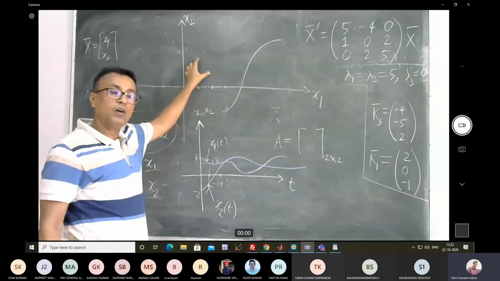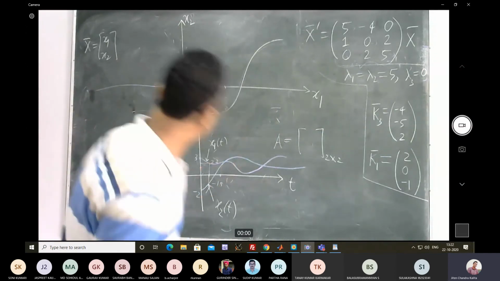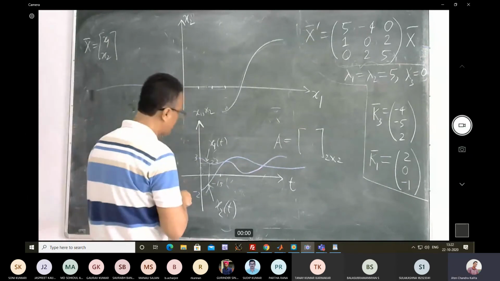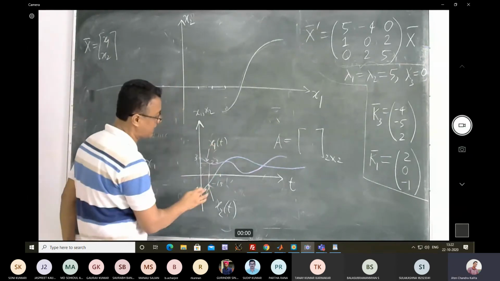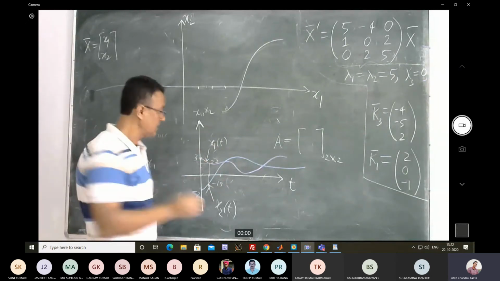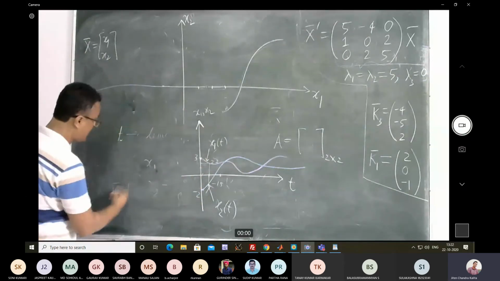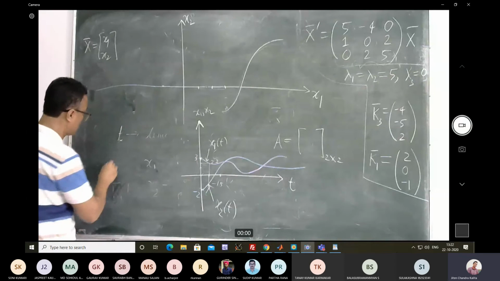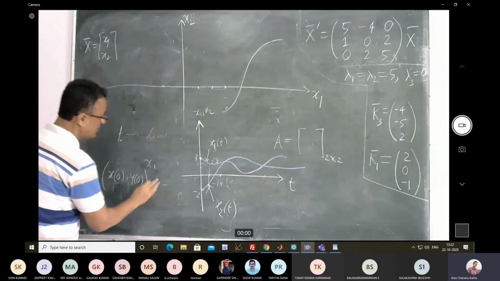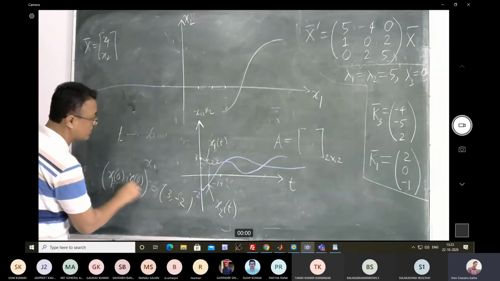Okay. Now, what is a phase portrait? Interestingly, what we did here, we were tracking both the variables x1 and x2 with respect to certain initial conditions. My initial condition was x10, x20, something like 3, minus 2.